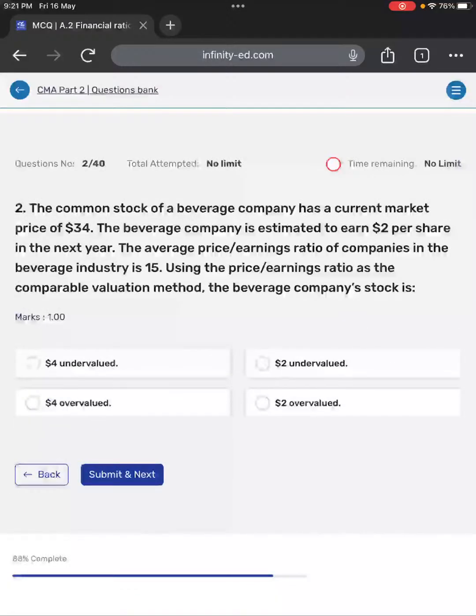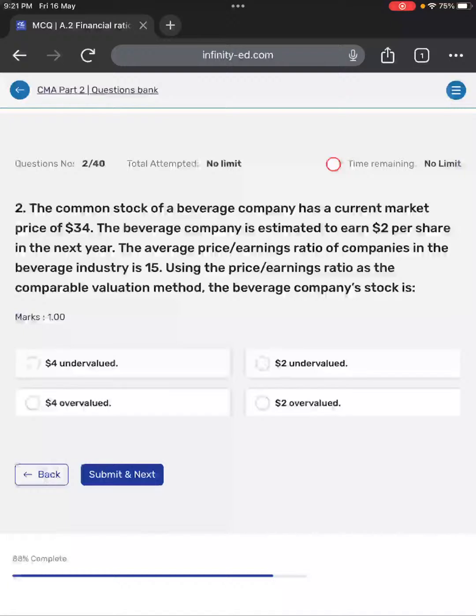Now, question number 2. Common stock means equity. A beverage company has a current market price of 34. The market price of that share is 34. The beverage company estimates to earn 2 per share, EPS, earnings per share, next year, and the average price earning ratio of the company is 15.